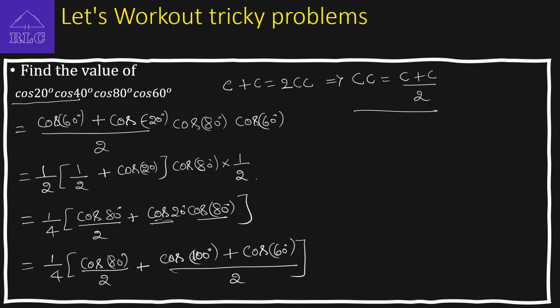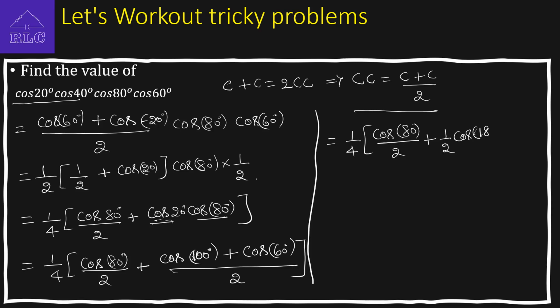Which results as 1 by 4 into cos 80 degrees by 2 plus 1 by 2 into cos 100 degrees, which can be written as cos of 180 degrees minus 80 degrees, plus cos 60 degrees, that means 1 by 2, divided by 2.